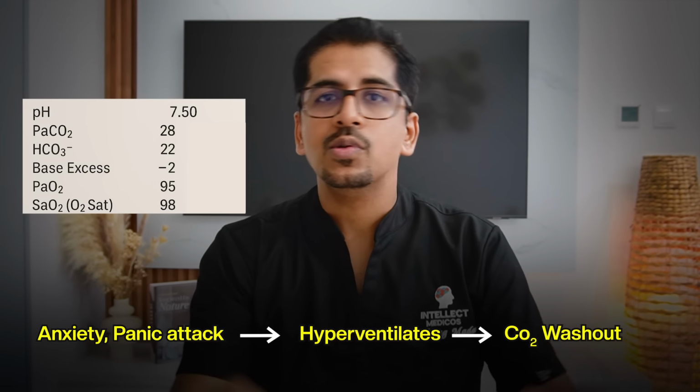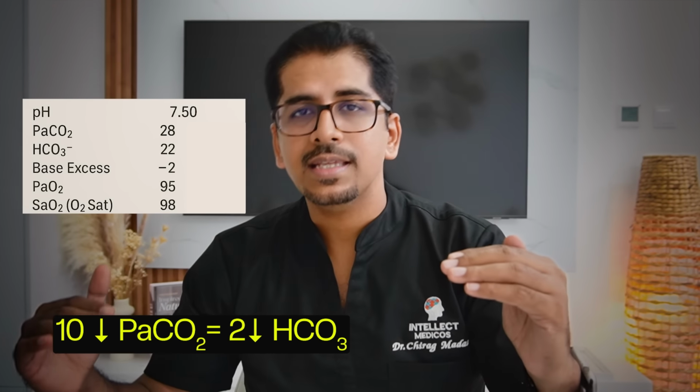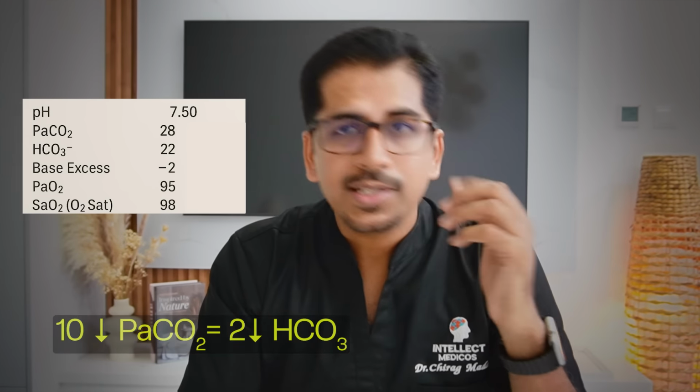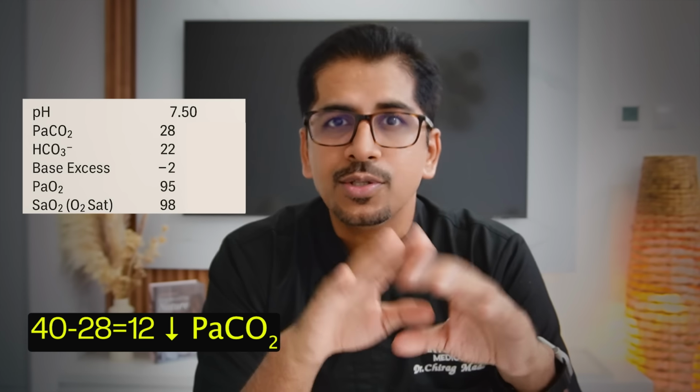So, we'll just use the formula for acute respiratory alkalosis, which says the expected bicarbonate decreases by 2 for every 10 decrease in PaCO2 levels. Now, in this scenario, PaCO2 is 28. We check from the average value of PaCO2, which is 40. So 40 minus 28, that means the decrease in the PaCO2 is by 12 millimeters of mercury.